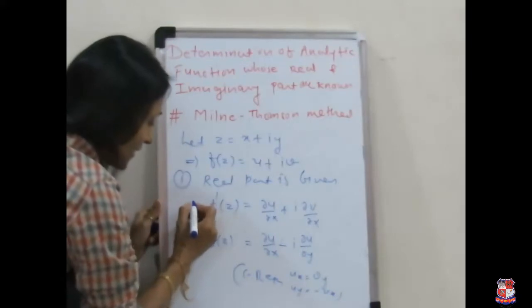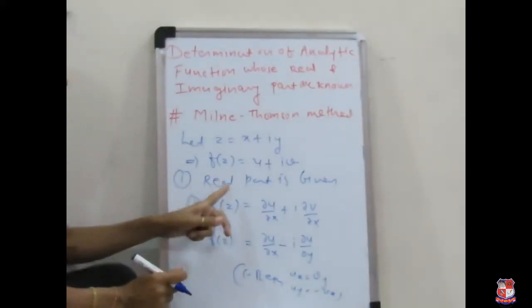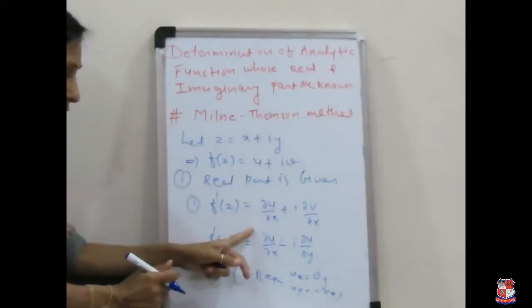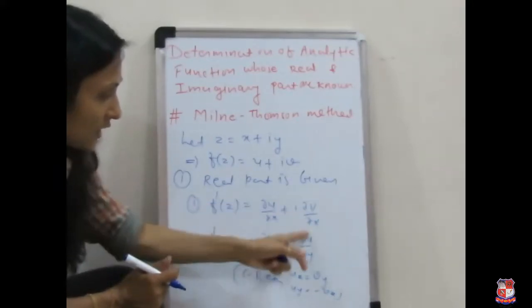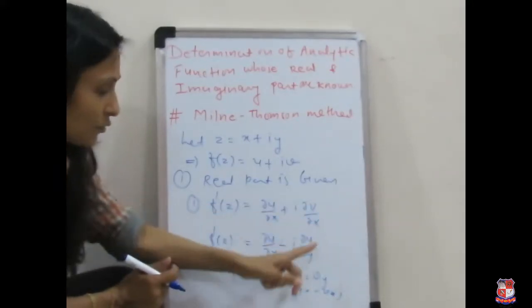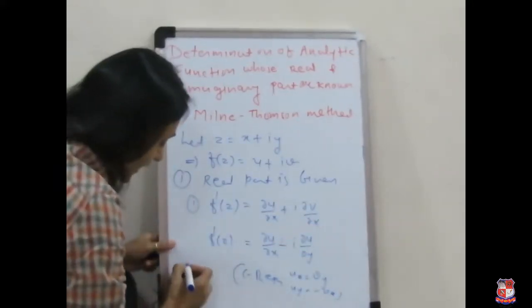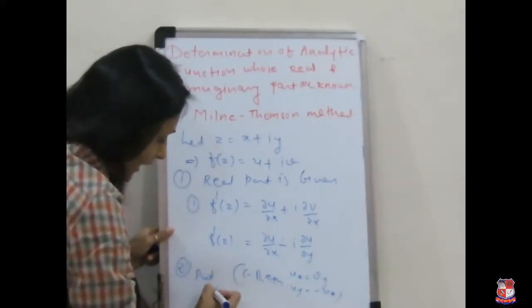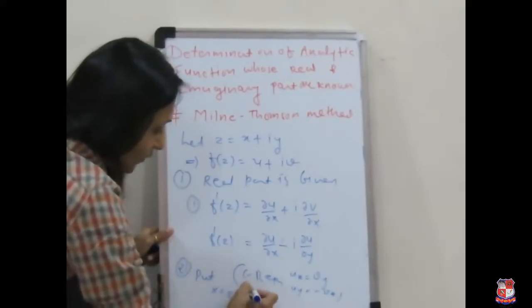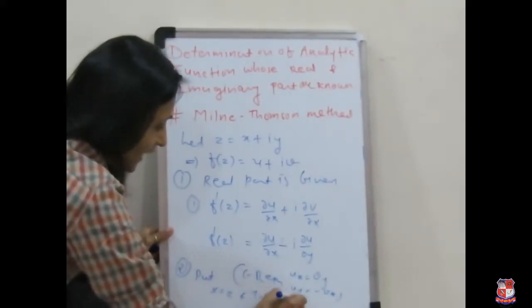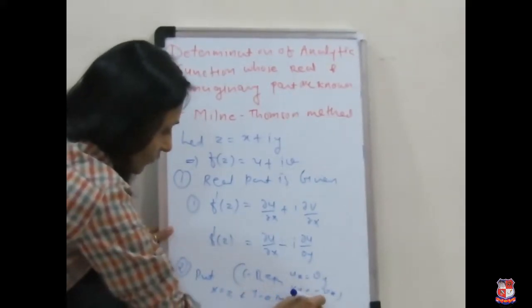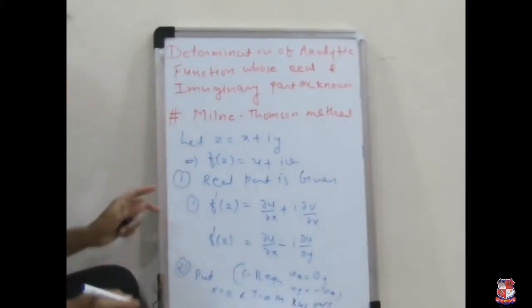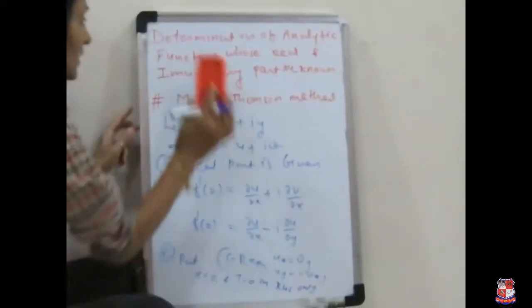Then the second step is, this is the first step, so we can take derivation with respect to x. Then we convert Vx in form of Uy using CR equation. Then second is put x is equal to z and y is equal to 0 in RHS only. Then what is the third step?